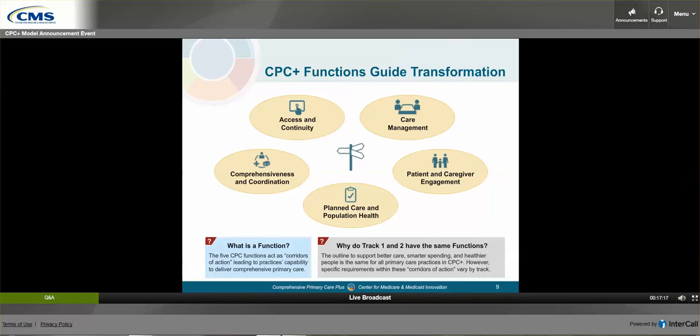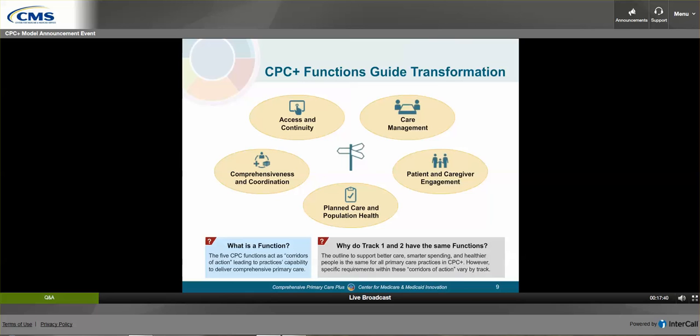I've talked now about how payers and vendors will partner with Medicare and CPC Plus. Let's turn now to the care delivery work of the model and talk about what the primary care practices participating in the model will actually do. We've organized the work of care delivery into 5 functions or corridors of action.